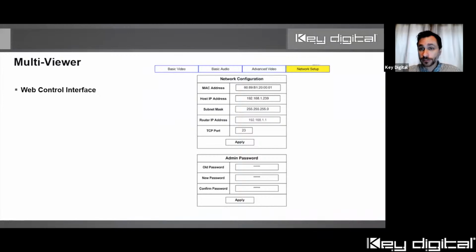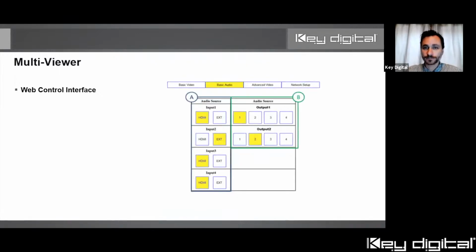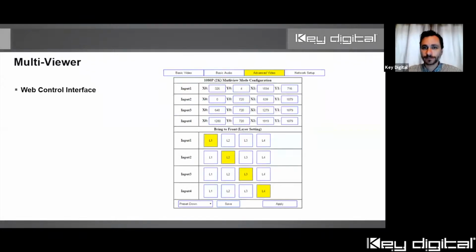You can also do your network setup, so you can change the IP address in here if you need, and set up your admin passwords. You have your audio selection once again on the input side. Is it HDMI only, or is it the external audio input, and what audio source is selected for each output if they're in the quad modes, for example.